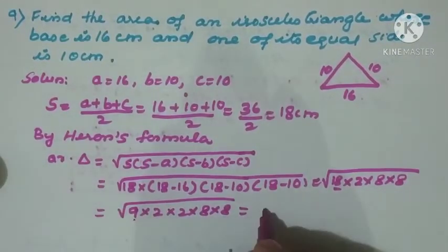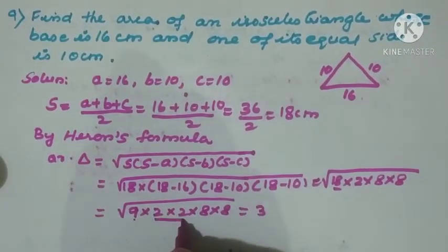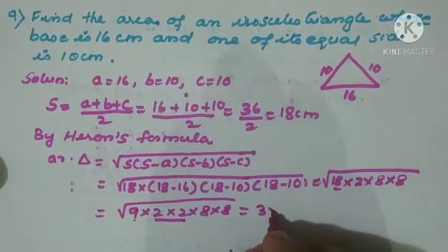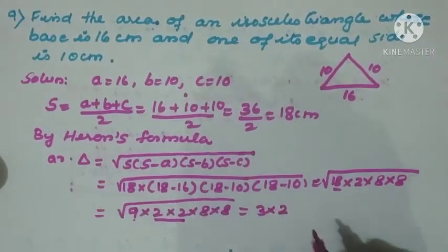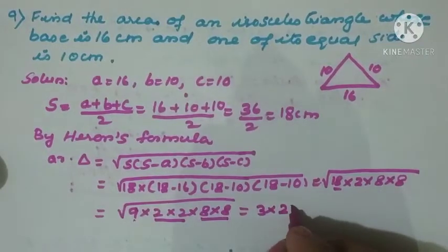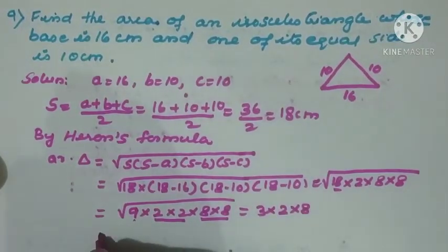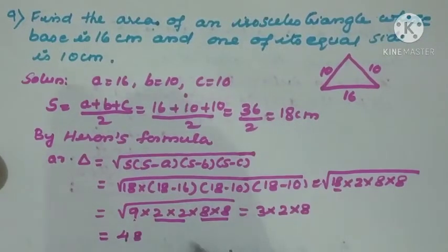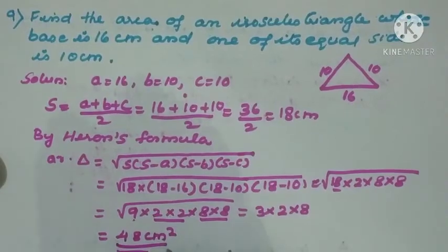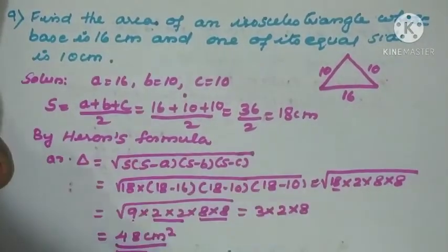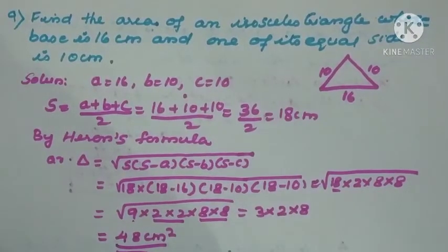What is the root of 9? 3. 2 is repeated 2 times. Since it is a root, we can take out 1, 2 outside. 8 is repeated 2 times. So 1, 8 we can take out. So what is the answer now? 48 centimeter square. What is the answer? Area of the triangle equal to 48 centimeter square.